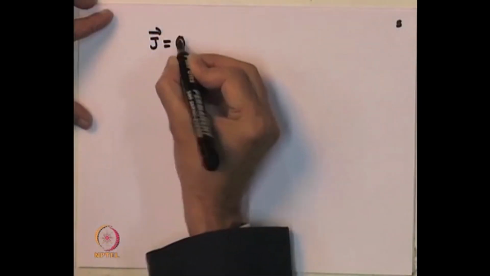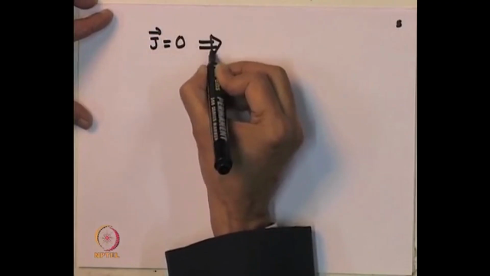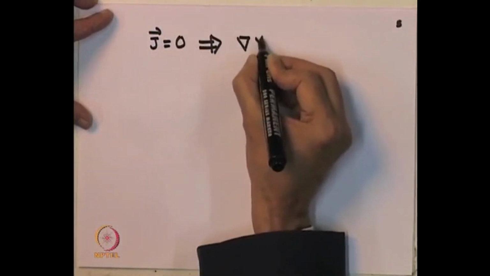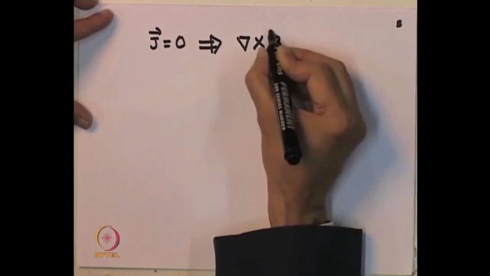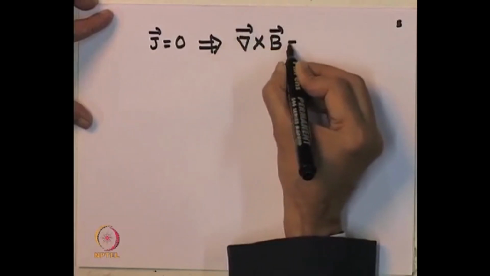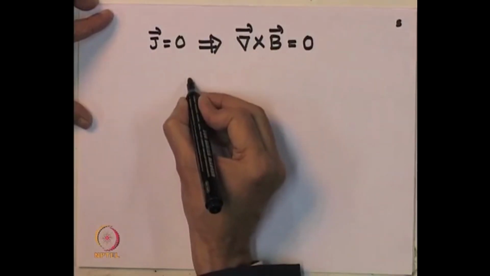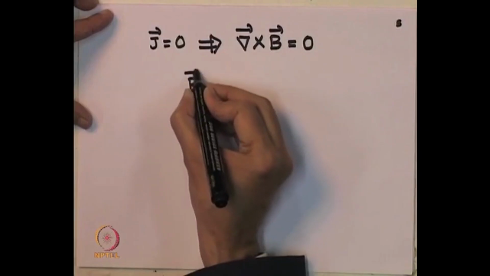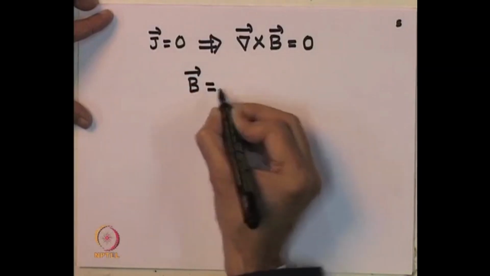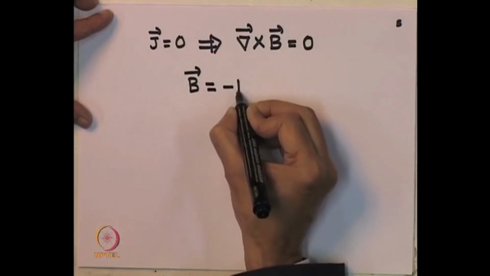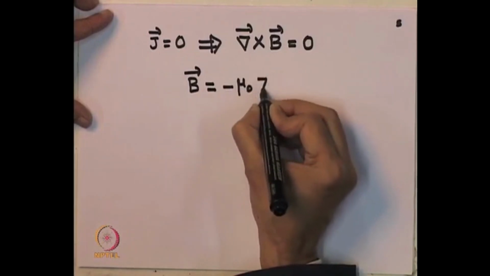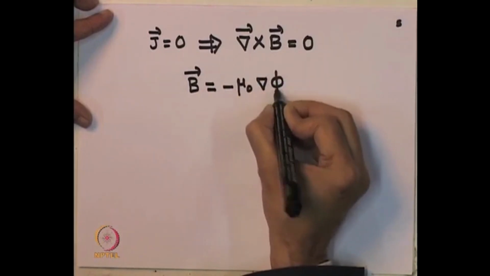So, J equal to 0 implies del cross B, which is equal to mu 0 J, is equal to 0. So, that enables me to define that B can be written as a gradient of a quantity which I call a potential.